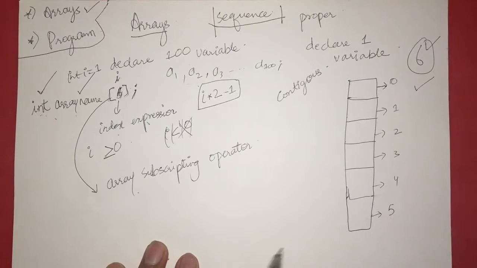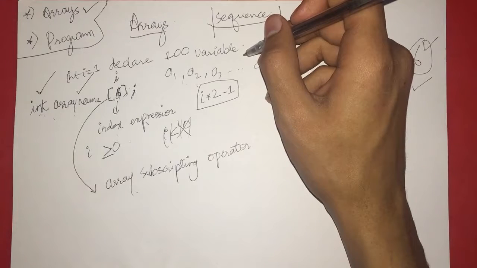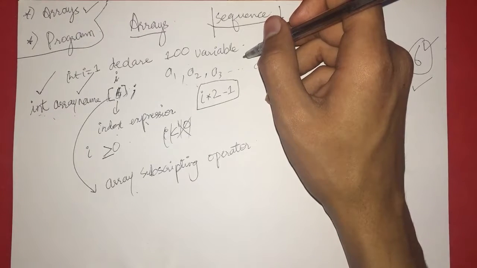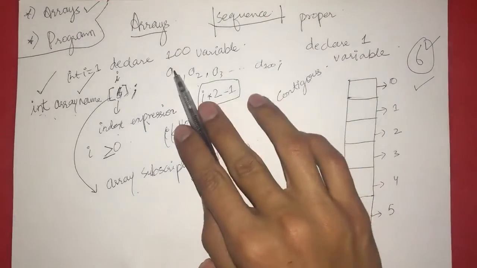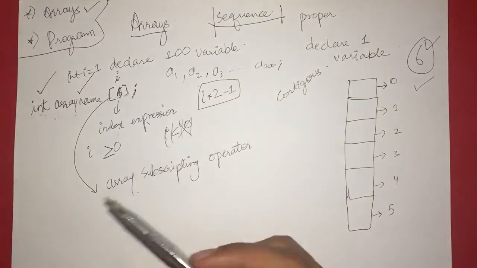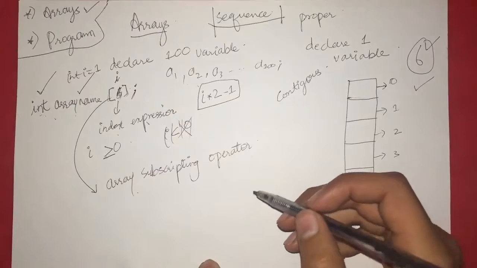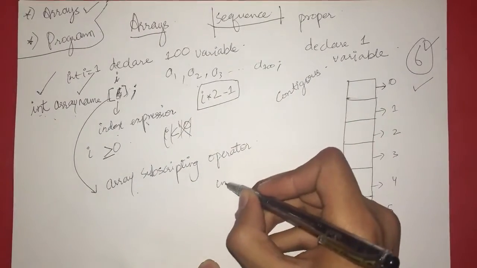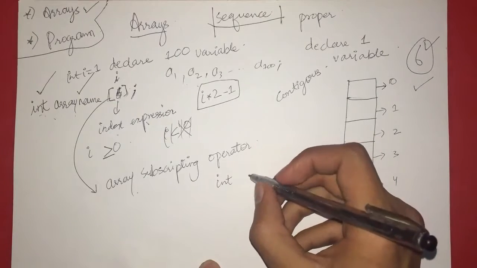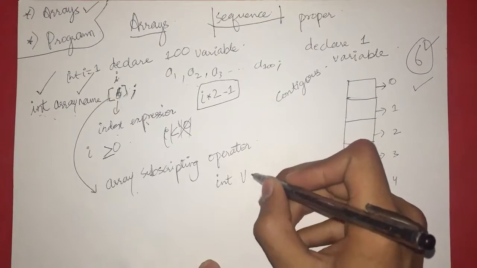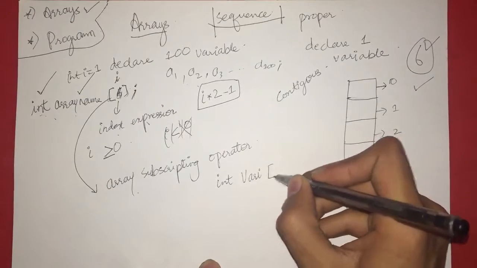Now, as I gave an example a little earlier, if you want to prompt the user to input 100 variables, instead of declaring 100 variables of the same data type, what you can do is declare an array.